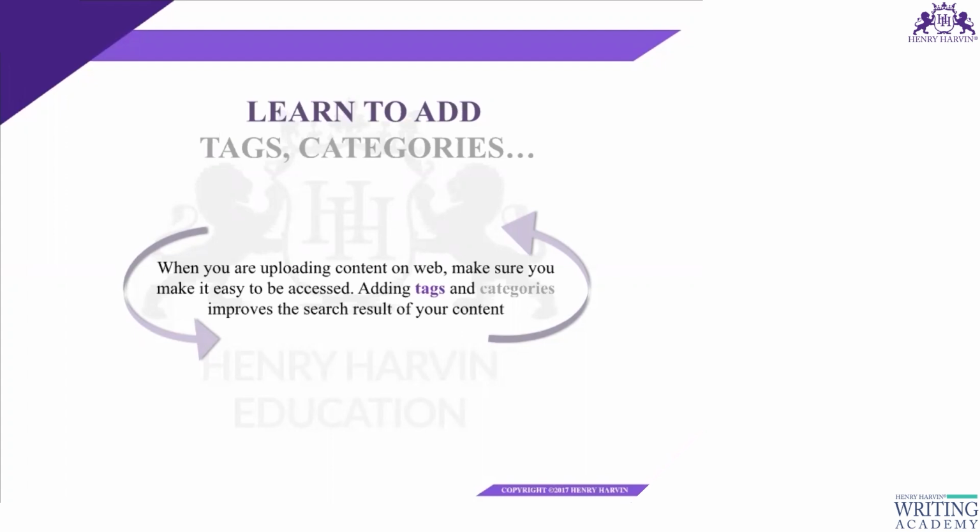So we spoke about food, travel, and wildlife. Now, what are tags? Tags are more specific and more precise. Categories are food, travel, wildlife. Tags in food, I'm talking about, spicy prawn gravy.